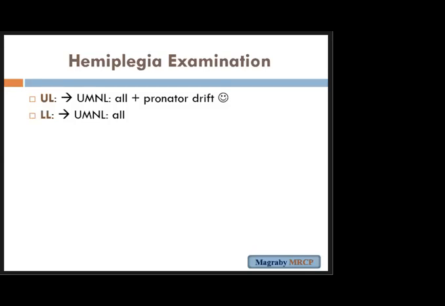And also the characteristic weakness pattern, as we mentioned, that in the lower limb, you will find that the weakness of the muscle will be in the distal muscles. Distals are weaker than proximal, flexors are weaker than extensors, and the abductors are weaker than adductors. Okay.